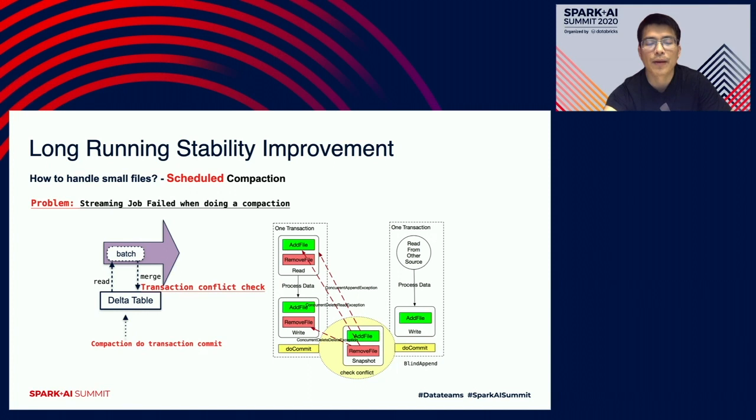If the streaming batch job does the merge logic and also deletes the same source data file, this will cause concurrent delete read exception. Because the data deleted by the streaming batch job has been rewritten to new files, this data is not really deleted.